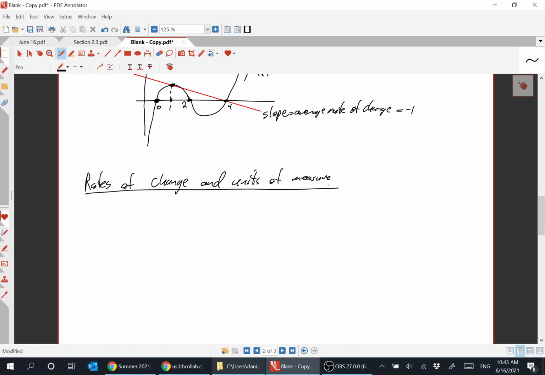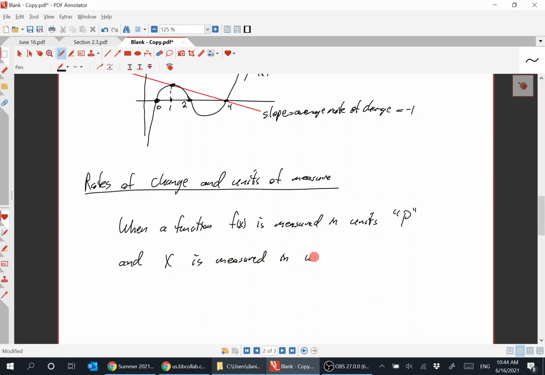When a function f of x is measured in some units, call them p, and x is measured in units q.